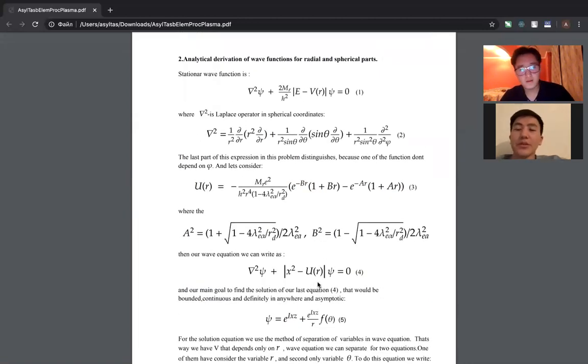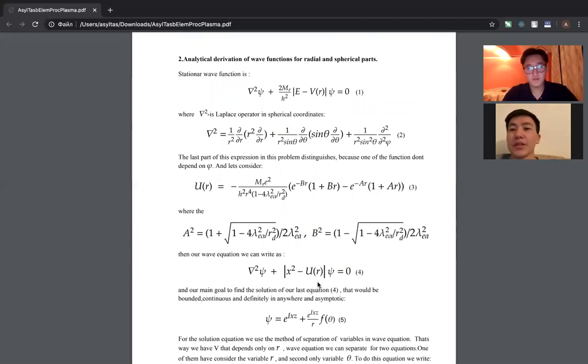Yes, so in this part of our work there is an analytical derivation of the wave functions for the radial and spherical parts, and the main goal of this part is to give some solutions and derivation of formulas. First of all we have the stationary wave equation, as in formula number 1, where nabla squared is the Laplace operator in spherical coordinates.